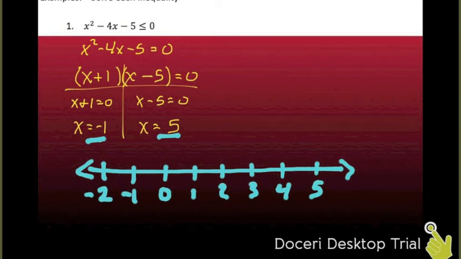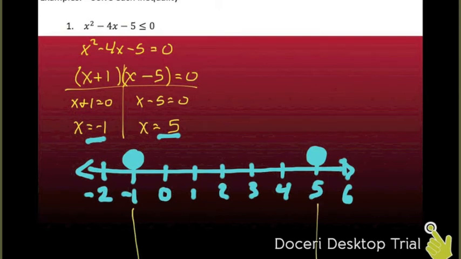We're going to put closed circles this time. On negative 1, and a closed circle on positive 5. And I should have gone one more to go to 6. And we're going to split that up. So we have this section, and this section, and this section.